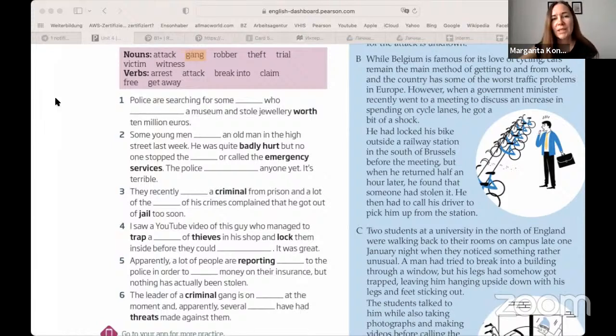Good. Значит, trial — это суд, да? Yes. That can be суд, и это может быть, когда отправляют на временное заключение, пока идет разбирательство. Это trial. Так, victim — это жертва.